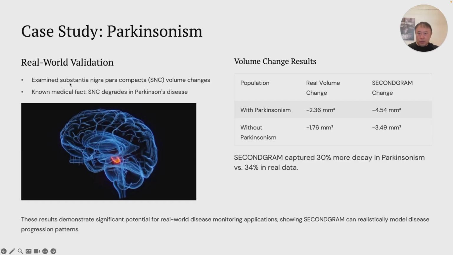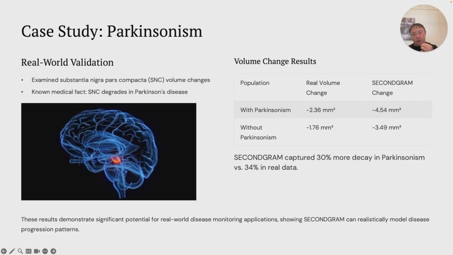There's a region in the brain called the substantia nigra pars compacta, or SNC. This SNC region is a small region deep in the brain stem, and it contains dopamine-producing neurons.